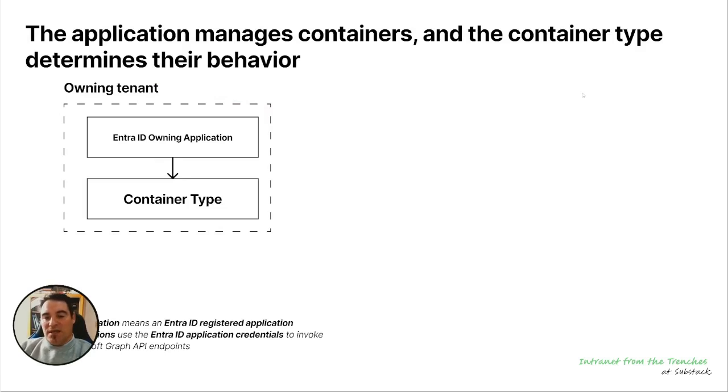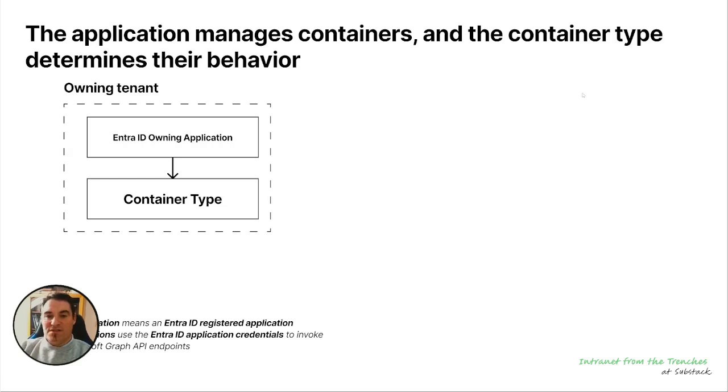Both of them are related. What is a container type? A container type is an element that allows you to configure the high level of the SharePoint Embedded service, okay? And the application here, the Entra ID application, is related with the container type, and allows access to the information in the containers and managing the cost in Azure.